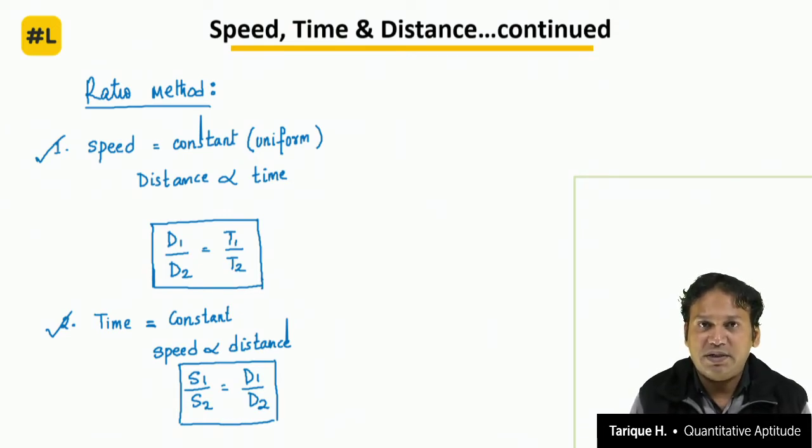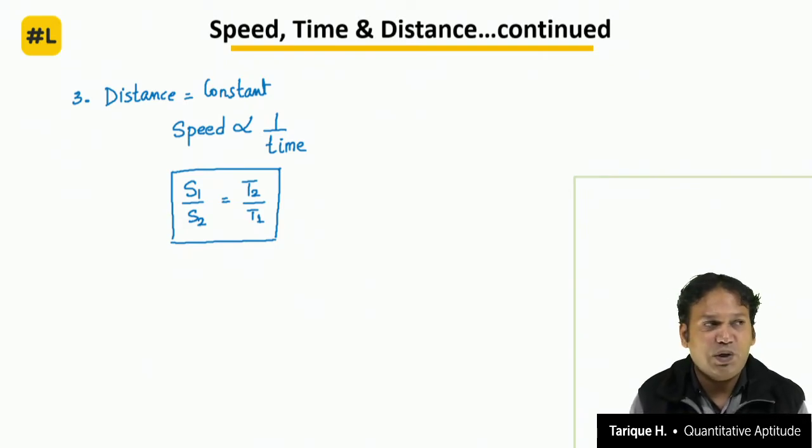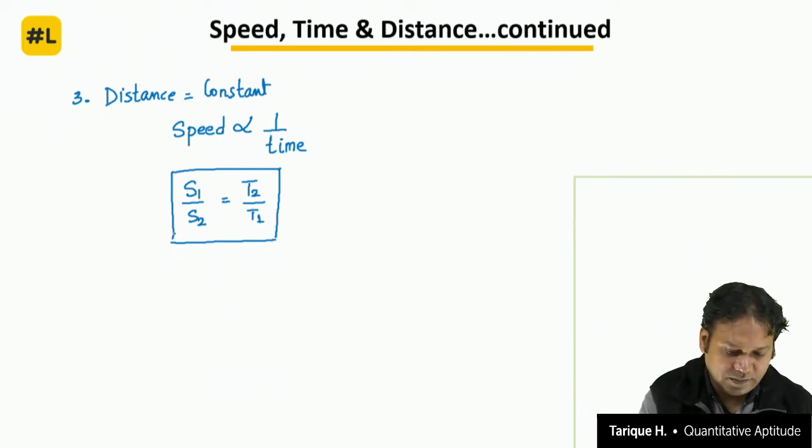S1 by S2 is equal to D1 by D2, okay, where S stands for speed and D stands for distance. Third is when distance is constant. When distance is constant, speed is inversely proportional to time. So, S1 by S2 is equal to T2 by T1. Okay, so this is the third thing.